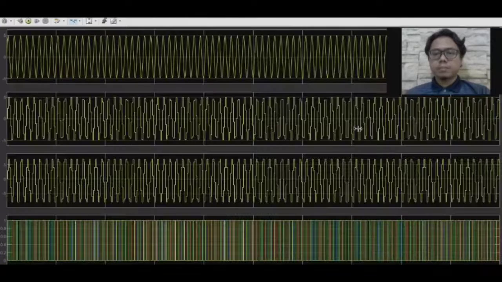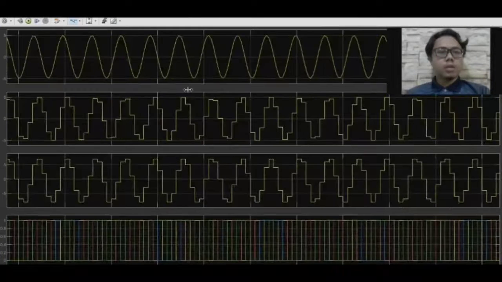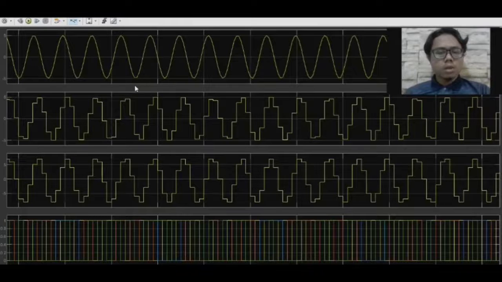Here we can see four waveforms. The first waveform is the input signal, which has an amplitude of 5, according to m(t) equals 5 sine 2 pi times 100t.